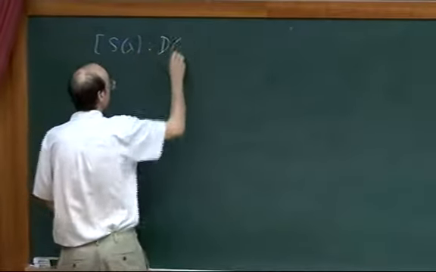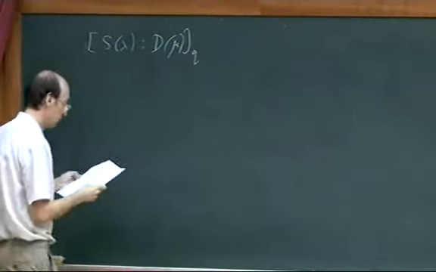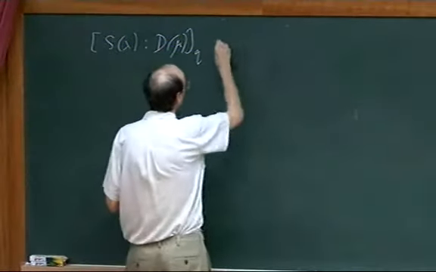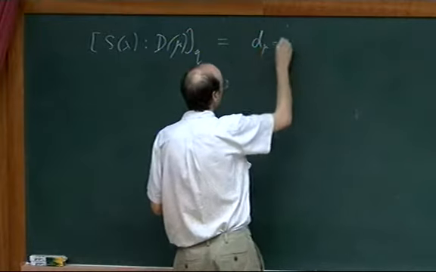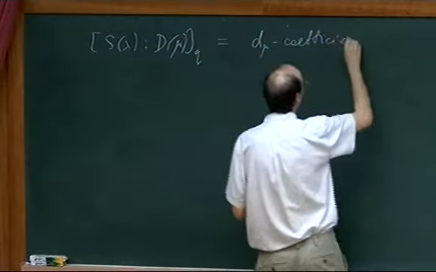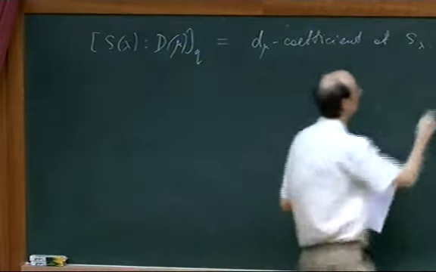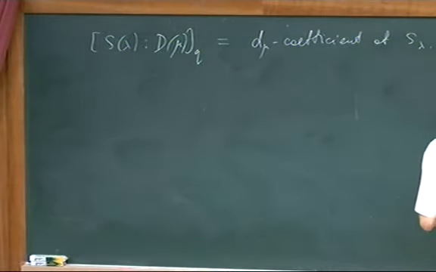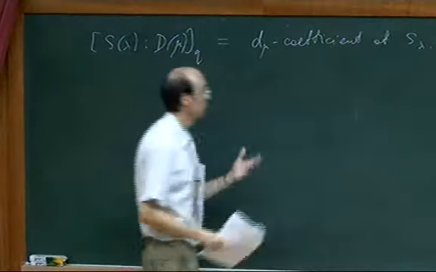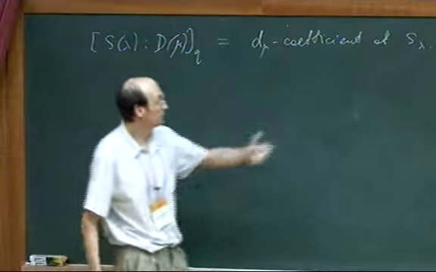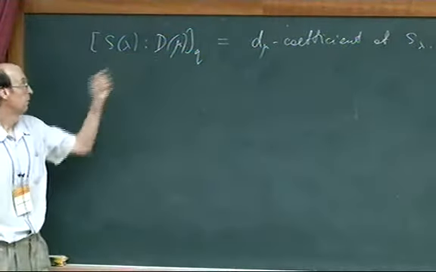So if you define S of lambda over D of mu sub q as a graded decomposition number, this of course can be found as the D mu coefficient of S lambda, but this thing is computable, for example, by the Lascoux-Leclerc-Thibon algorithm. And so the Lascoux-Leclerc-Thibon algorithm, which provides polynomials, now provides us with the graded decomposition numbers for the Hecke algebras.